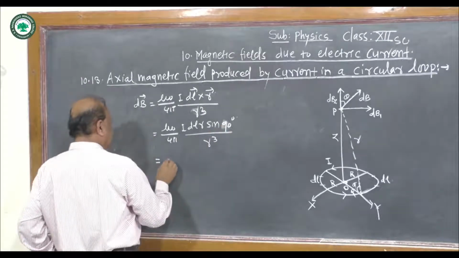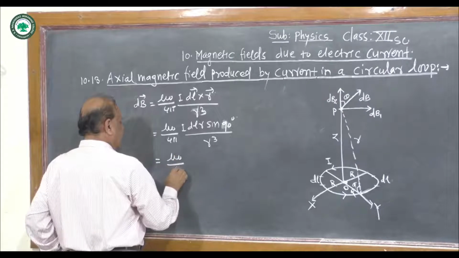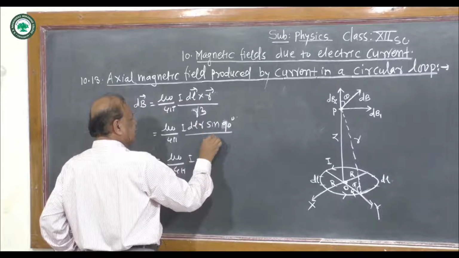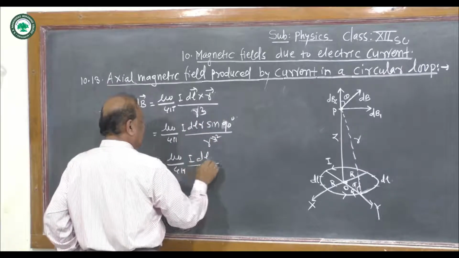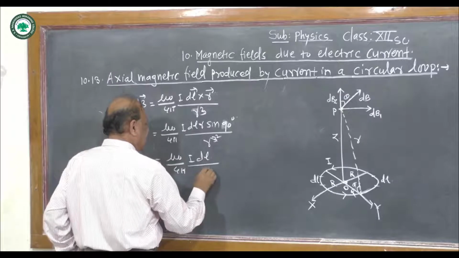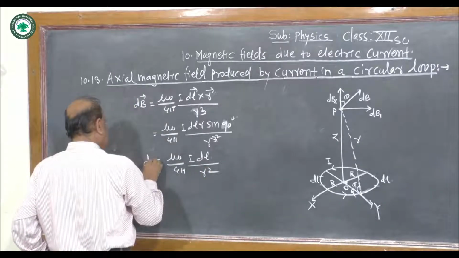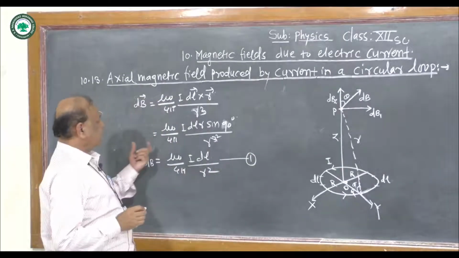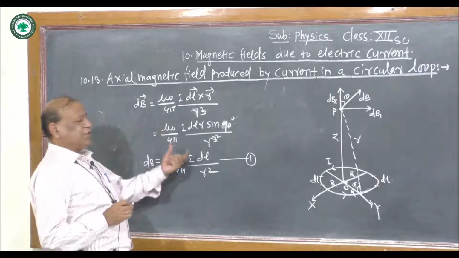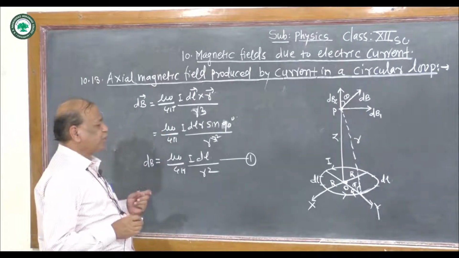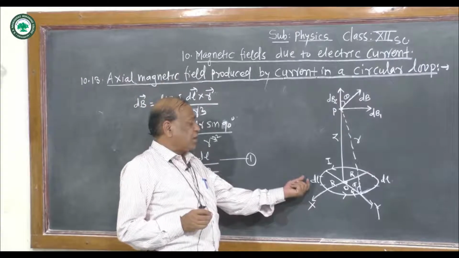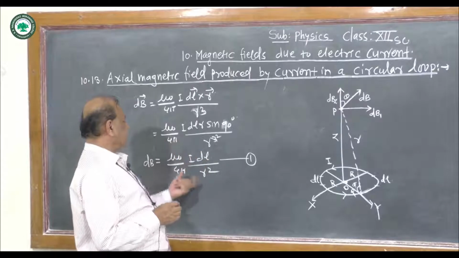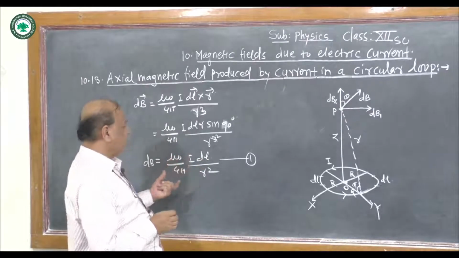Sin 90 is 1, and therefore mu 0 upon 4 pi, this r cancels with this square, then I dl by r square. This is the magnetic field dB, this is equation 1. And now this is the magnitude of the magnetic field produced by the current length element I dl, like this one, according to the Biot-Savart law.